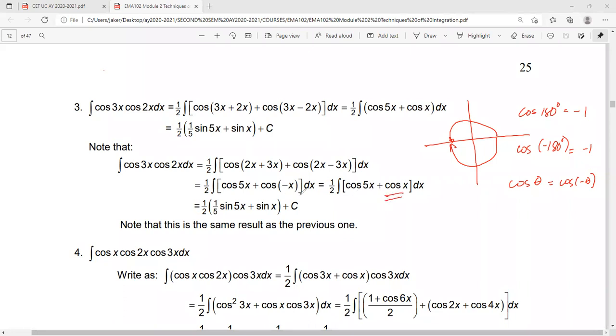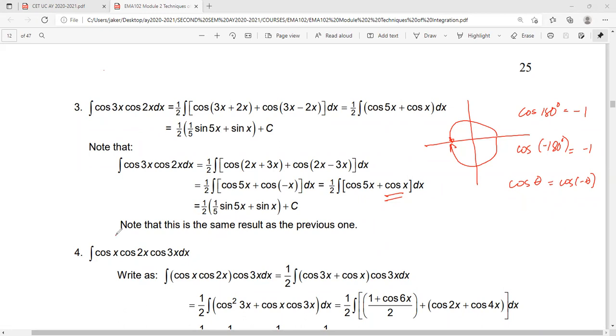No need for you to place the derivative of the angle here, which is -dx. Although mathematically, if you do that, that is still correct. Okay? So if you process the integral, it's the same. So the integral of the cosine is the sine of 5x, and you have here 1/5. And the integral of the cosine here is also sine x.